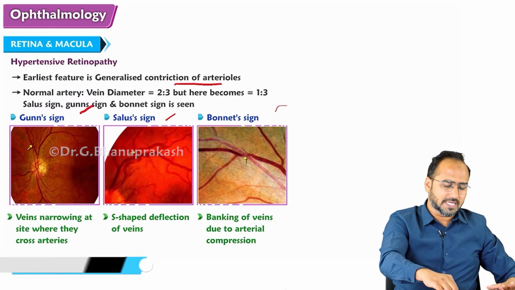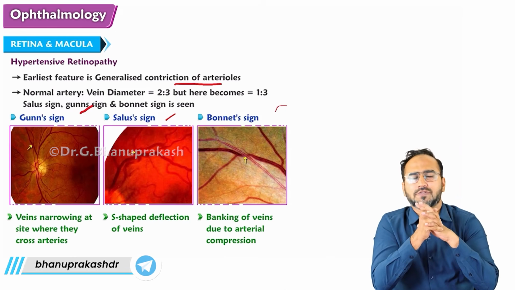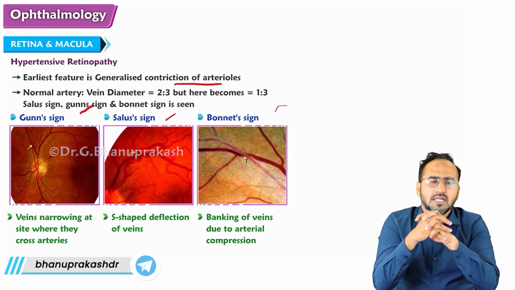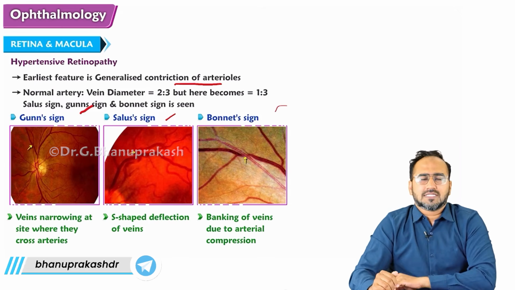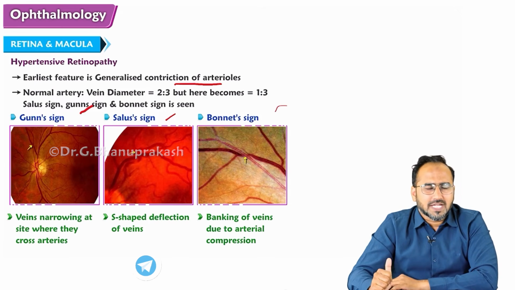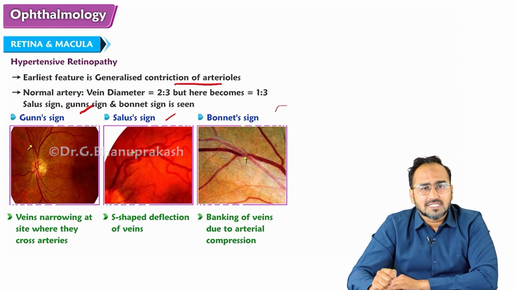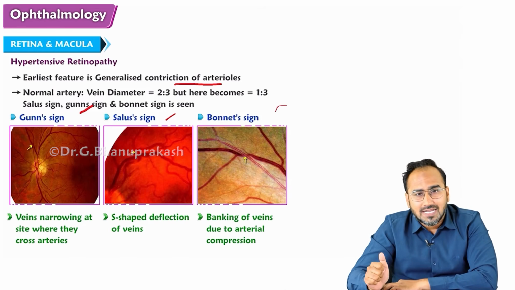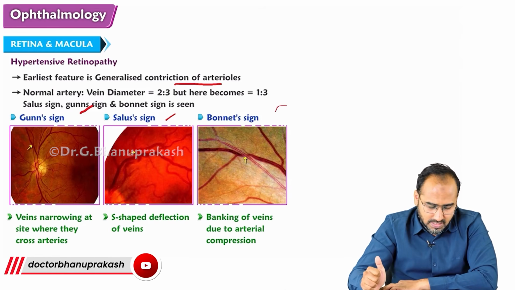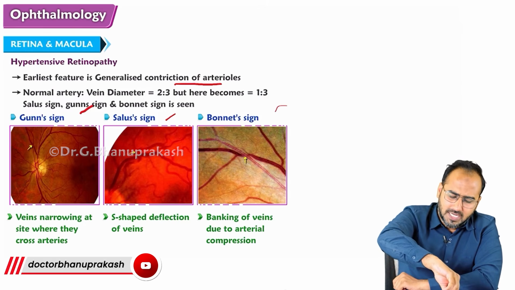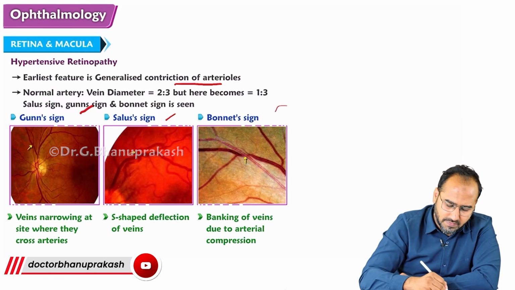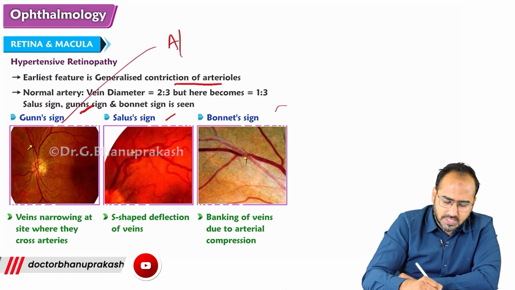So basically remember, guys, there are 3 signs of hypertensive retinopathy. The first sign is called gun sign. What is gun sign? Gun sign is nothing but narrowing of the vein at the arteriovenous crossing, the AV crossing.